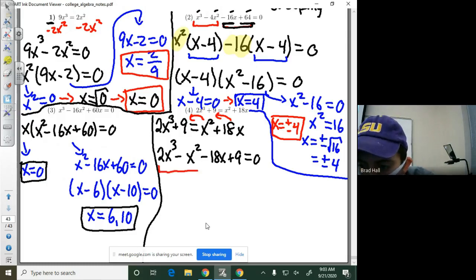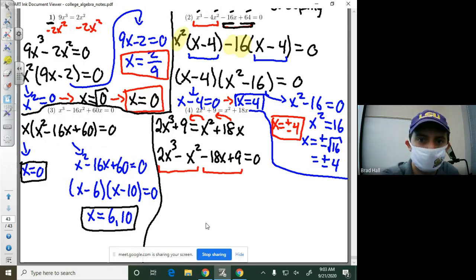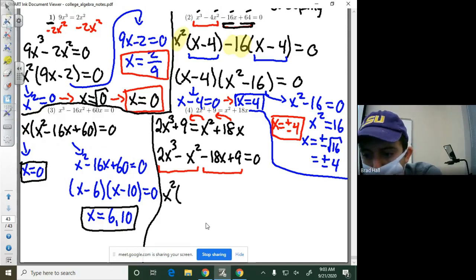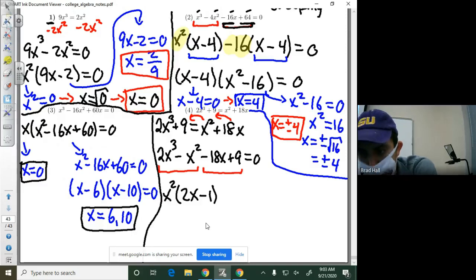What are we grouping? We are grouping the first 2 terms and the last 2 terms. And we're just going to see what they have in common. The first 2 terms both have x squared in common. So once we factor out an x squared, we are left with 2x minus 1. And then for the next 2 terms, I'm going to factor out a negative 9.